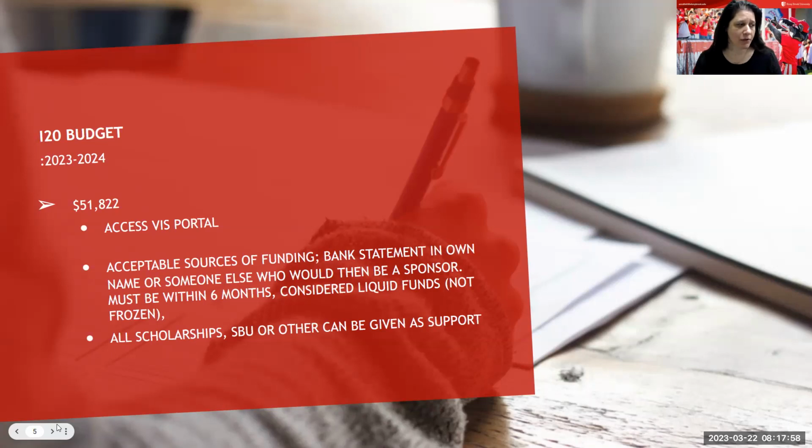Acceptable sources of funding would be things like a bank statement in your name or in somebody else's name who will be your sponsor. The bank statement must be within the past 6 months, and it must be considered liquid funds. It cannot be frozen. So the amount is $51,822, and this is more than what is actually going to be the total cost to attend Stony Brook.